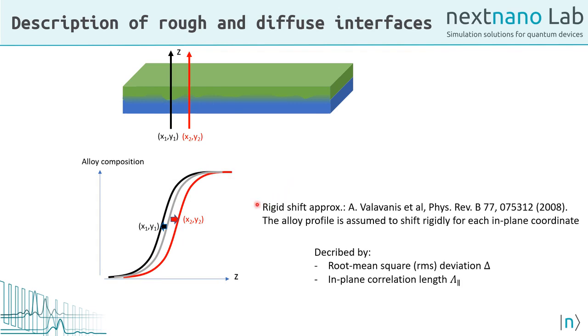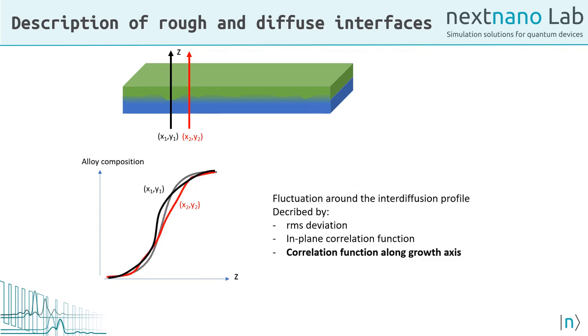It was rigidly shifted for each position. So in this case, assuming such a profile, we're able to derive a model still based on the two parameters, that is root mean square deviation delta and in-plane correlation length lambda. However, in reality, it turns out that the physics is more complex, because for different positions, the log profile is not only shifted, but it can have different shapes.